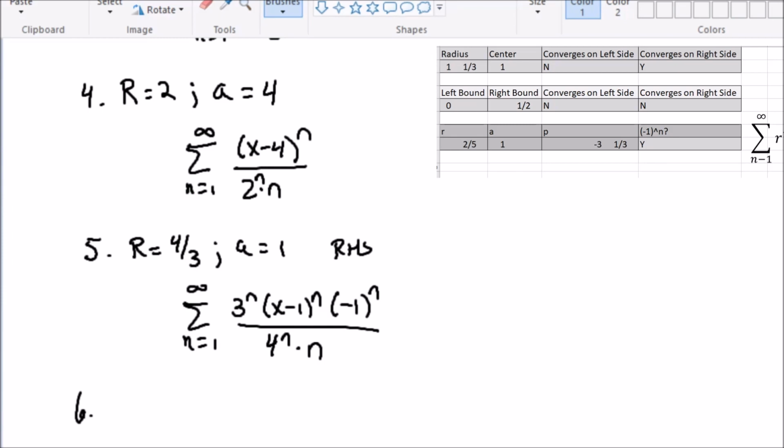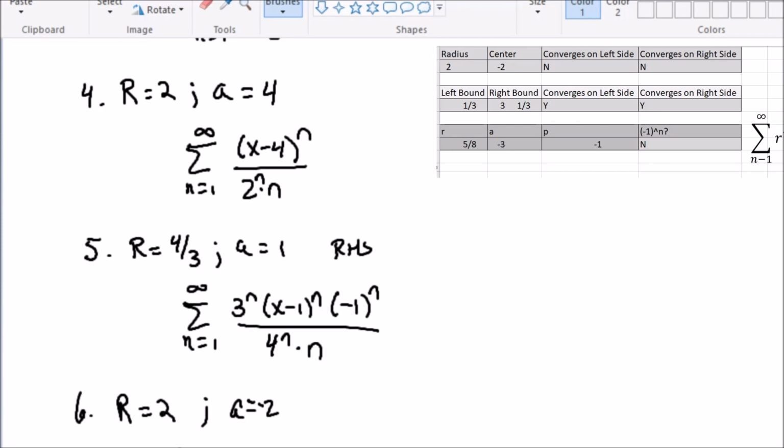Number 6. All right. My radius equals 2. My center is -2. That converges at neither the left nor the right.